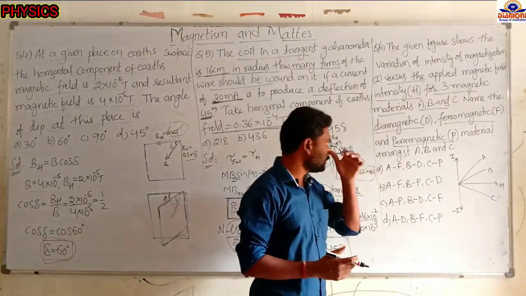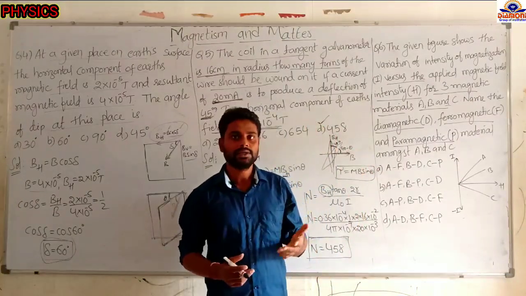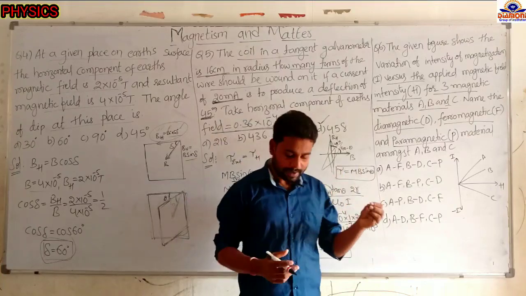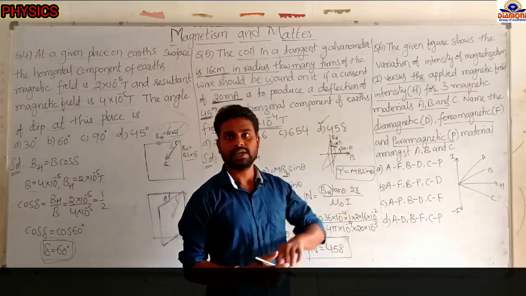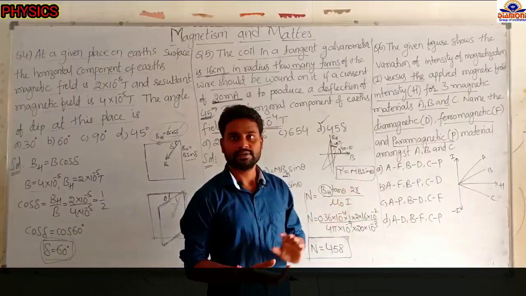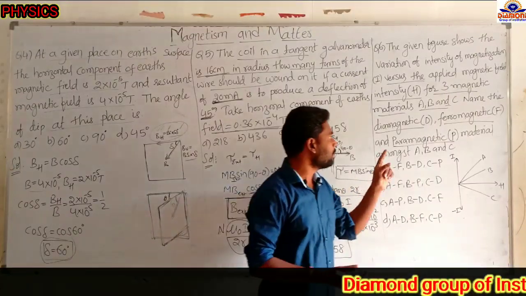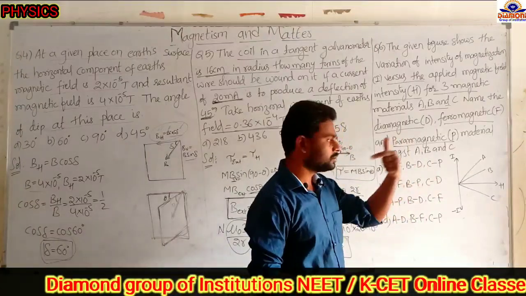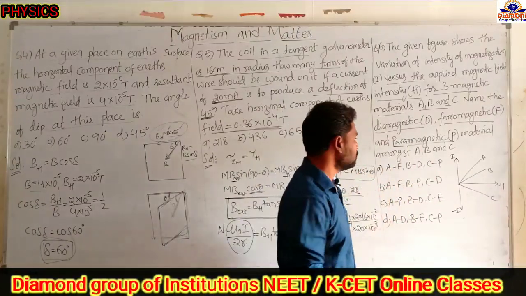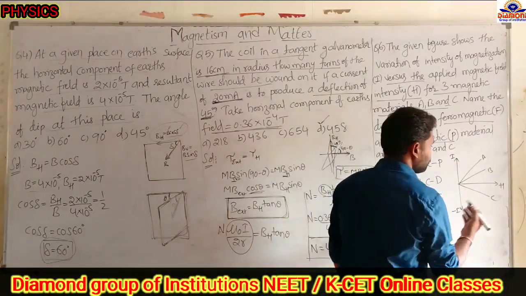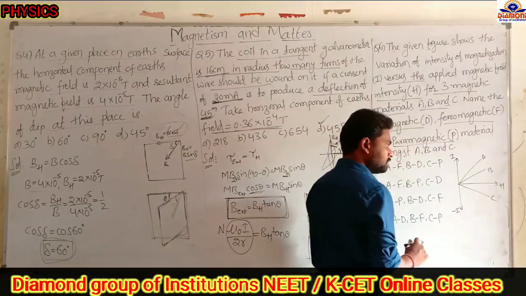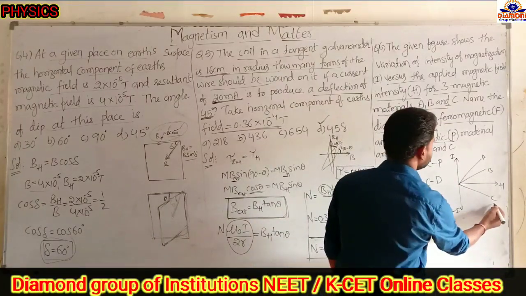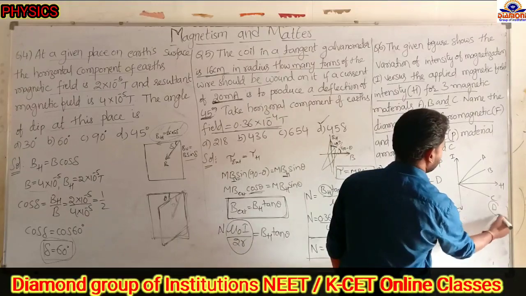Suppose you take the diamagnetic materials, here the induced magnetic field direction is opposite to the external magnetic field and it is weak. That means the intensity of the magnetization is weak and opposite to the external magnetic field, so weak means negative. So C is nothing but the diamagnetic material.